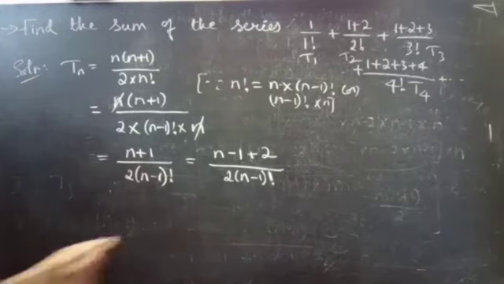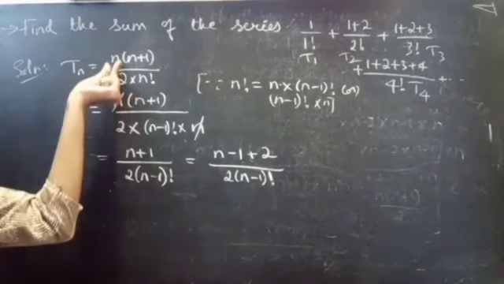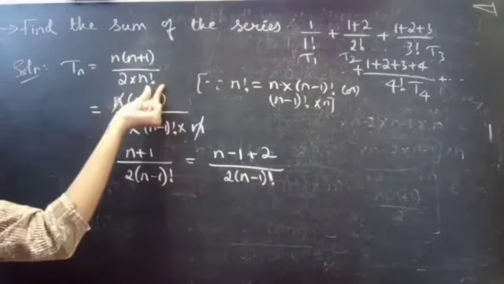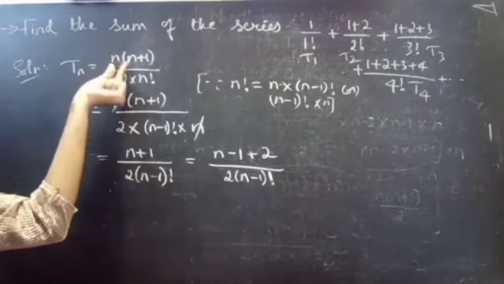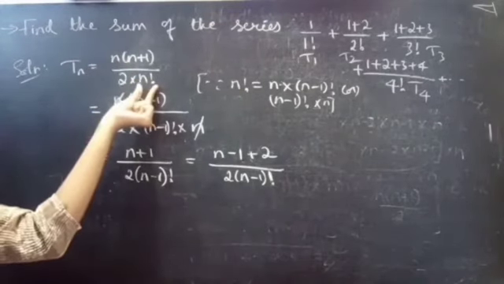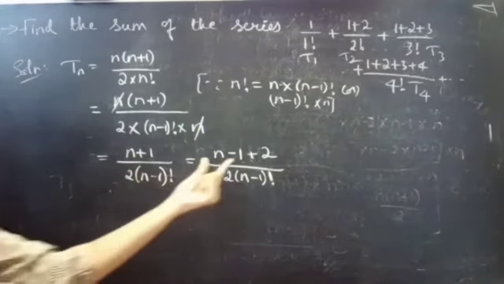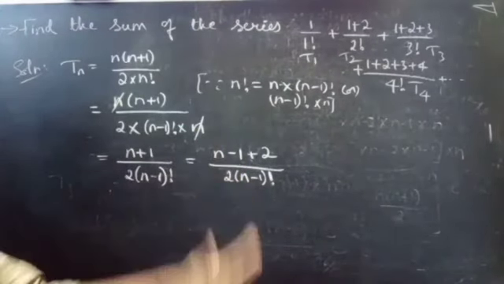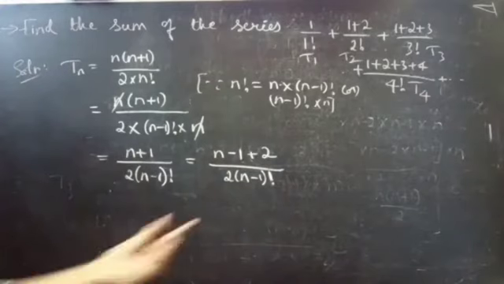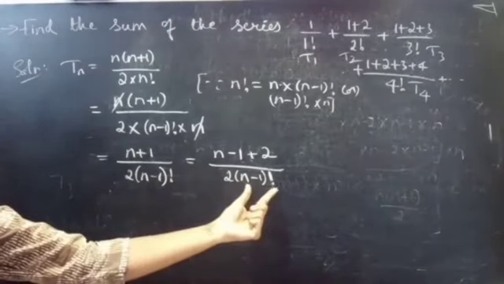So here now, like in the previous step, we cancelled n by changing n factorial to (n minus 1) into n. Likewise, here I want to cancel n minus 1, so that I can change this n minus 1 factorial.